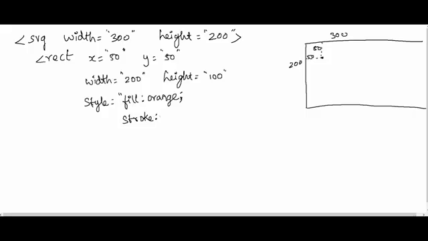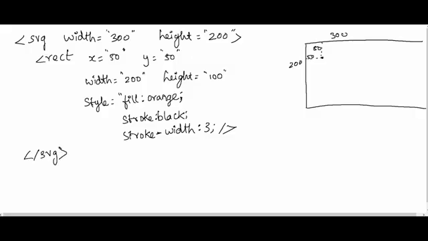Stroke means the border width. Right? So stroke, let me make it black, and stroke hyphen width colon 3. Okay. So simply we can close the rect tag like this, and here we can close SVG.